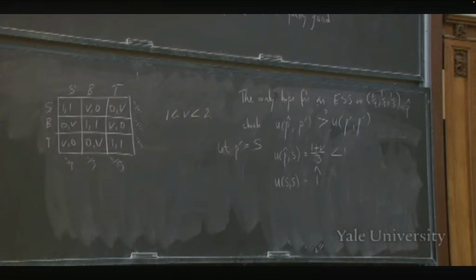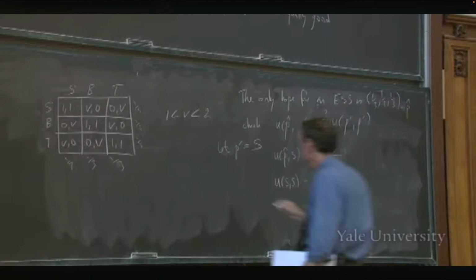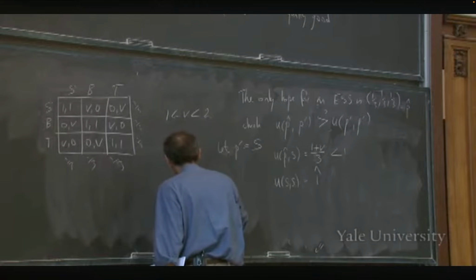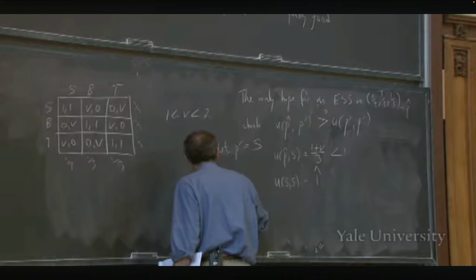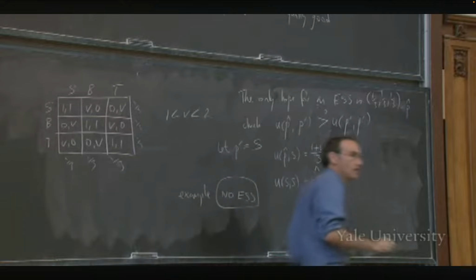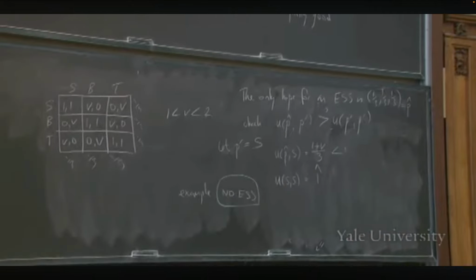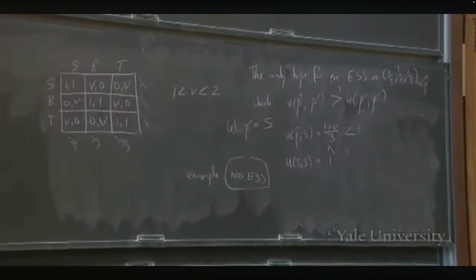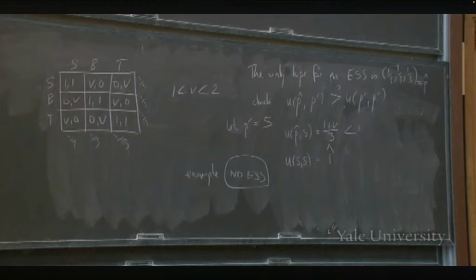So in this game, the only hope for an evolutionary stable mix was 1/3, 1/3, 1/3, and it isn't stable. So here's an example in which there is no evolutionary stable strategy. There's no evolutionary stable mix. And then the obvious question is, what does that mean in nature?